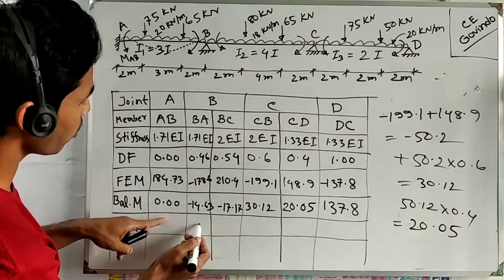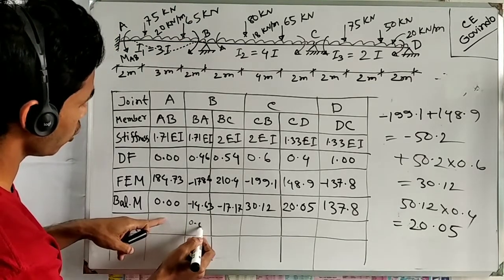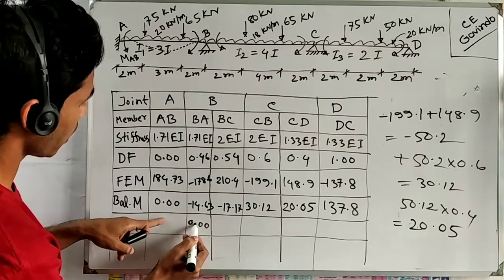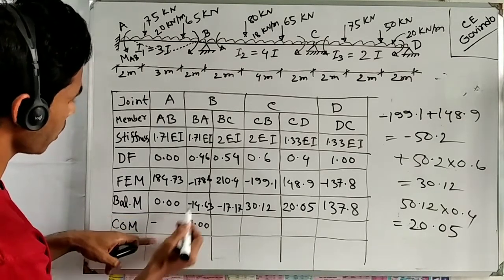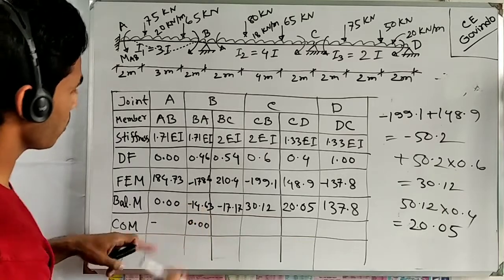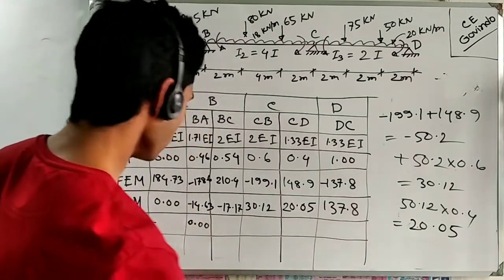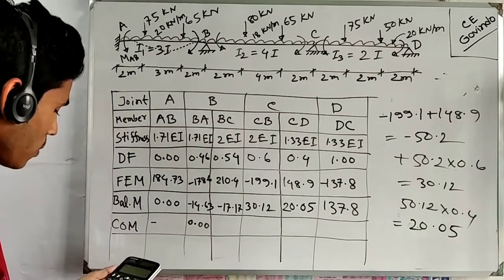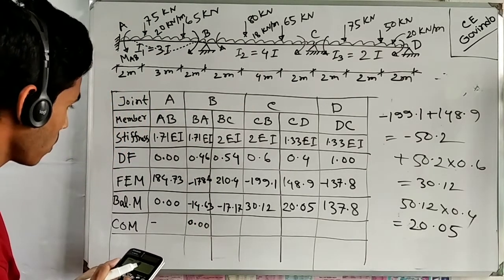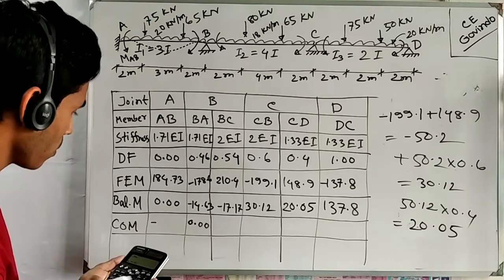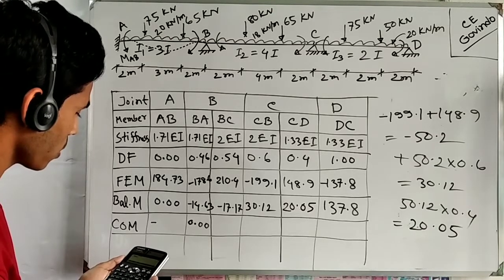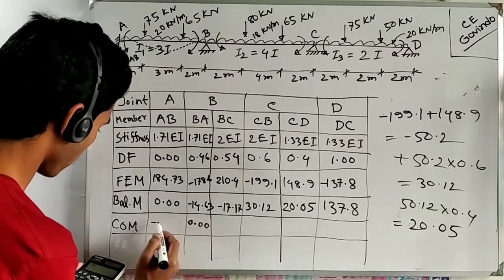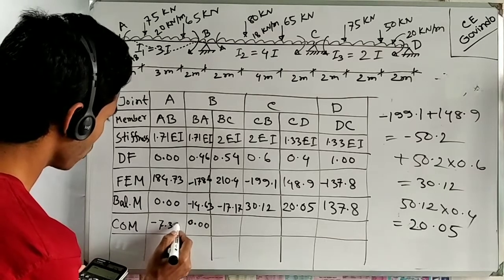That is, half of this moment will be carried here, that is 0.0, and half of this moment, if we multiply minus 14.63 by 0.5, is minus 7.32.